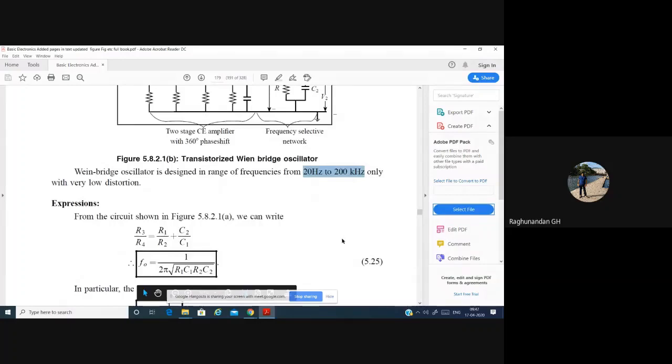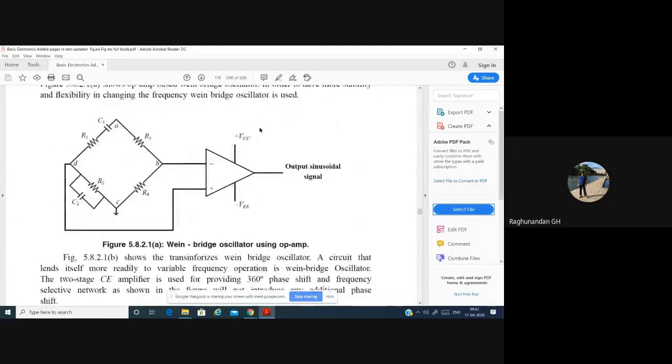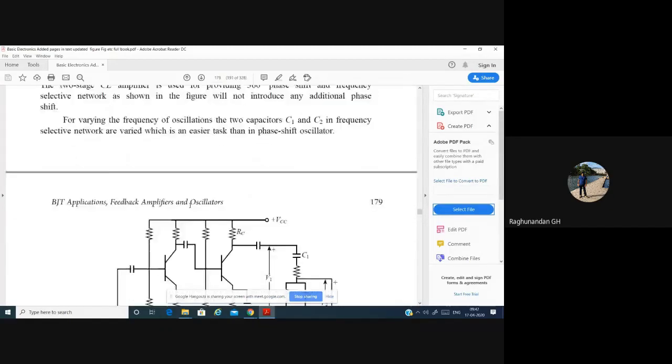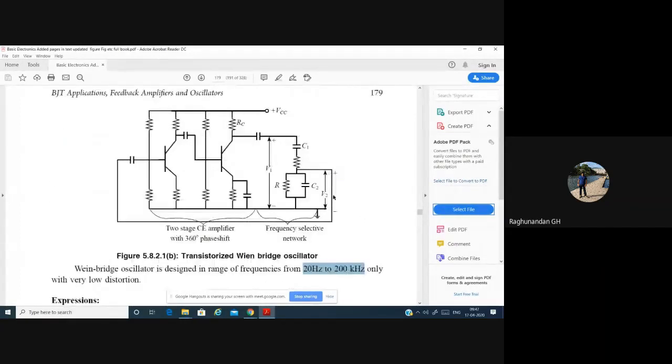If you are going to use this circuit, then the balancing equation will be R3 by R4 is equal to R1 by R2 plus C2 by C1.